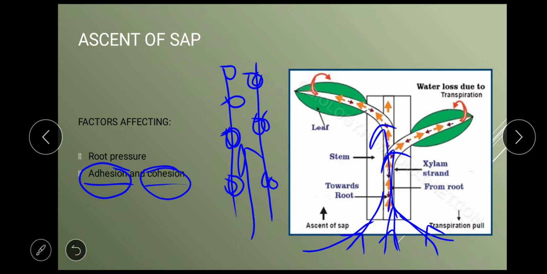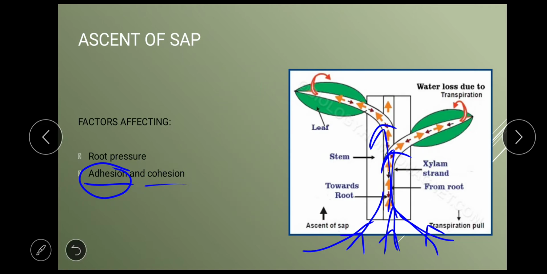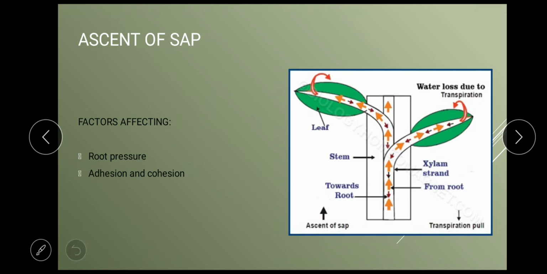Okay, then what is cohesion? Cohesion means the attraction between two water molecules. Okay, so water will attract itself. How does this happen? See, these are water molecules which are going up, okay, they are attached to each other.